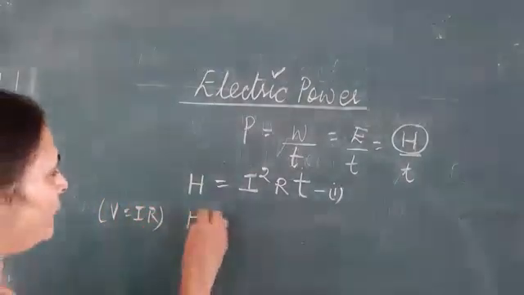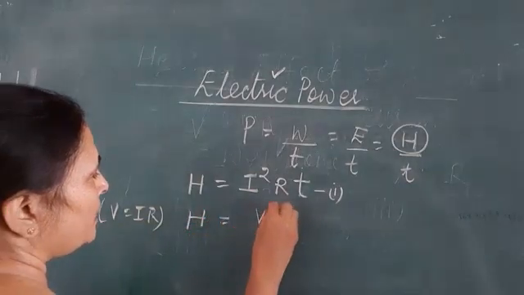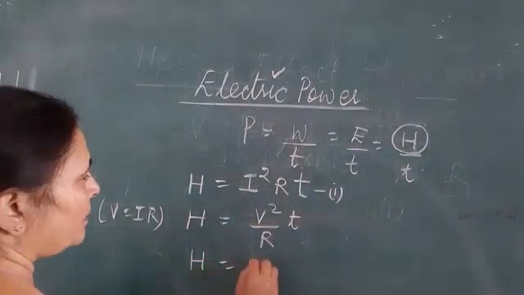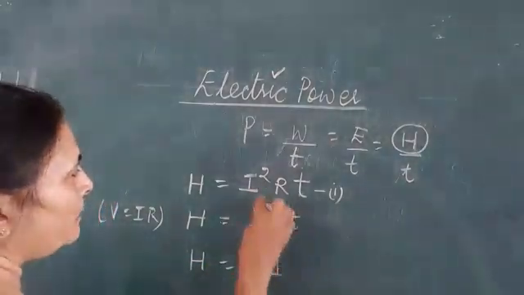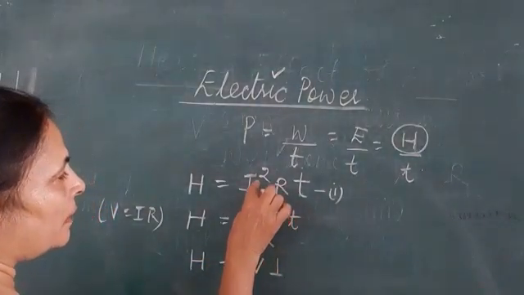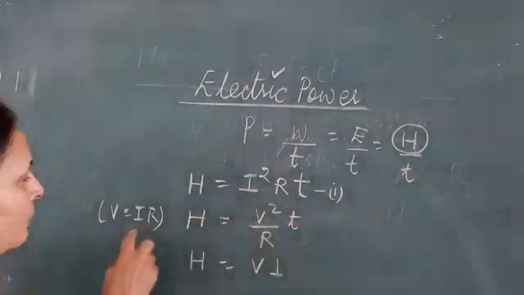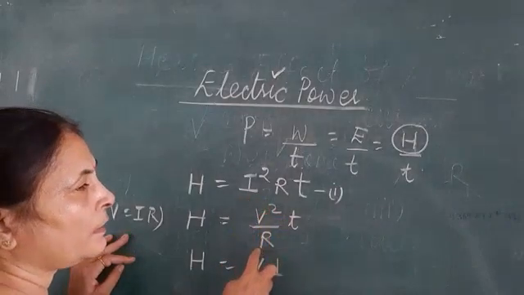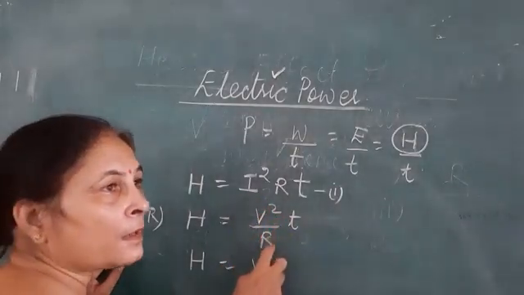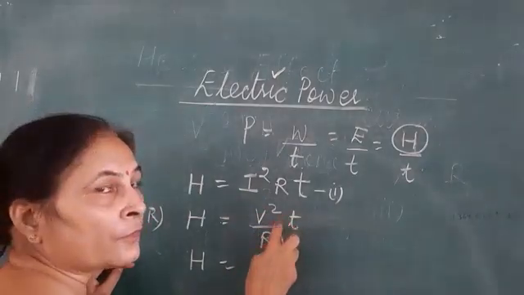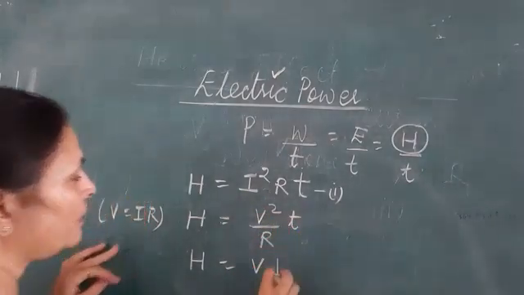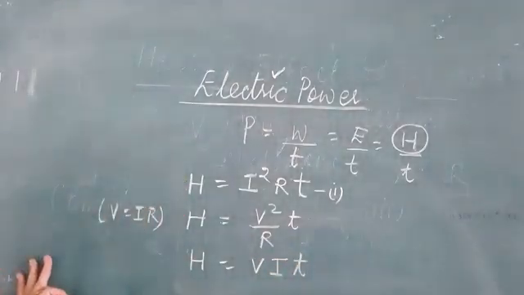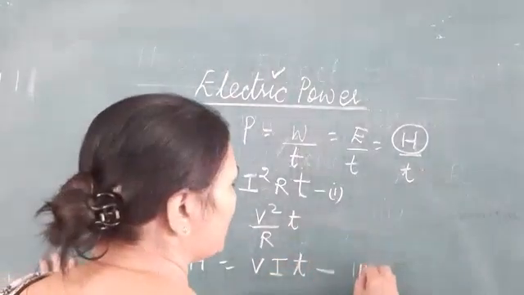So the different expressions which we got: one was V square upon RT. What I have written now, I have used Ohm's law, so I is equal to V upon R. So V square upon R square, one of the R will get cancelled out. Alright. And the third expression was VIT. This was the third expression.